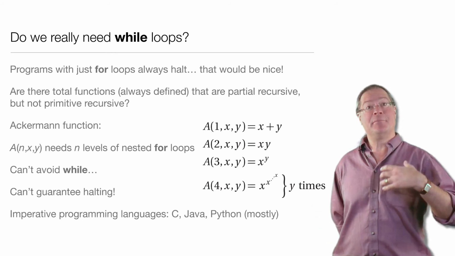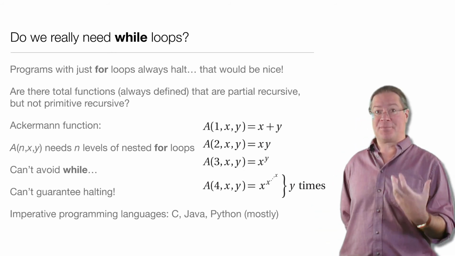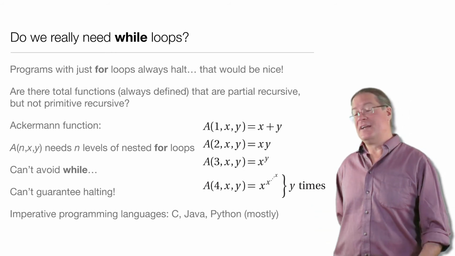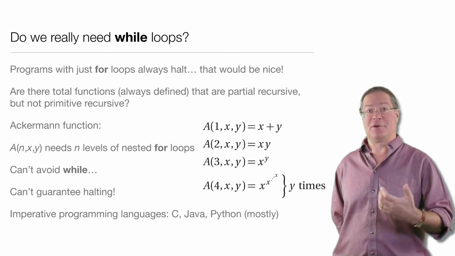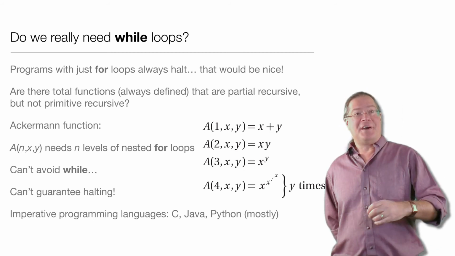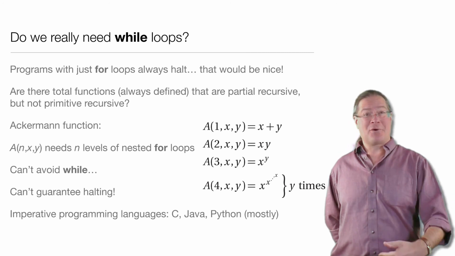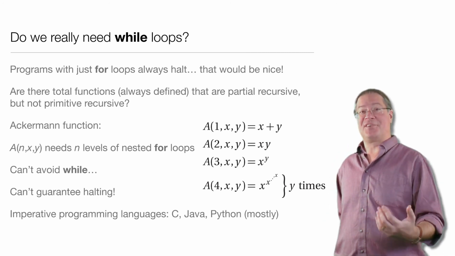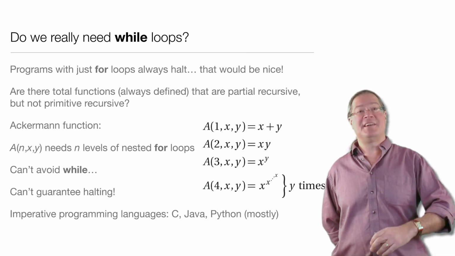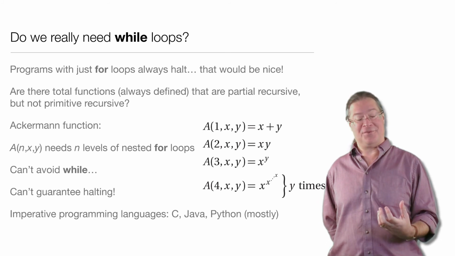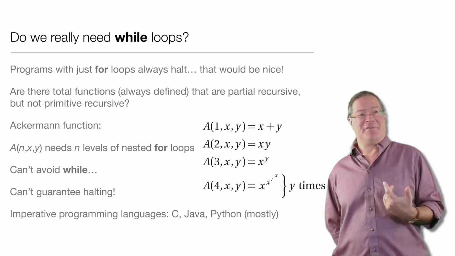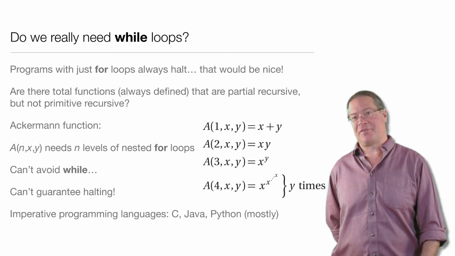It means we have to embrace the possibility that our programs will get stuck somehow in some kind of infinite loop and run forever. I also want to point out that the things we've seen, for and while and composition, subroutines, these show up in an entire family of programming languages, which indeed are the ones that most programmers are familiar with.